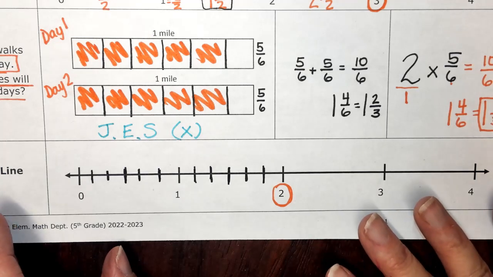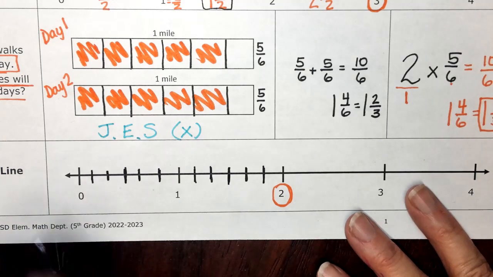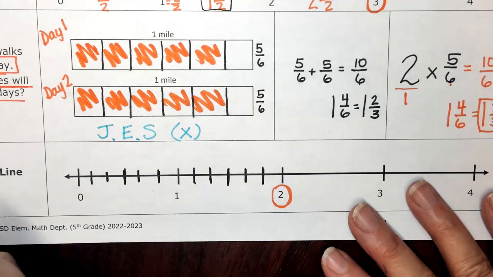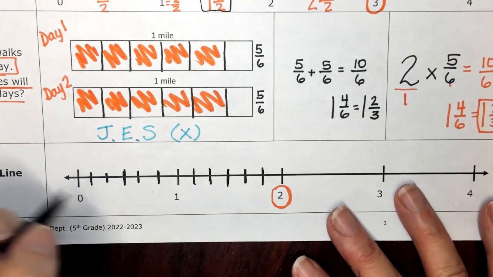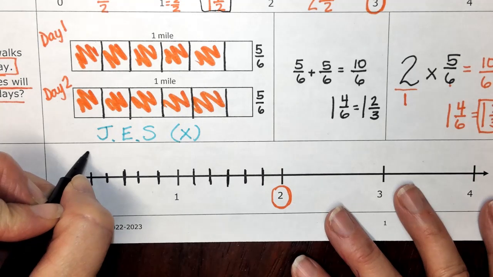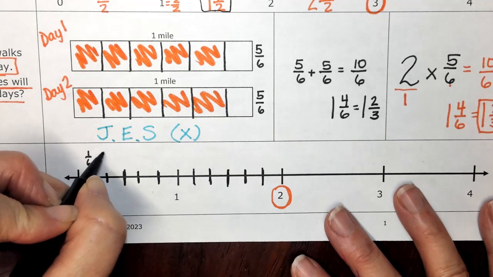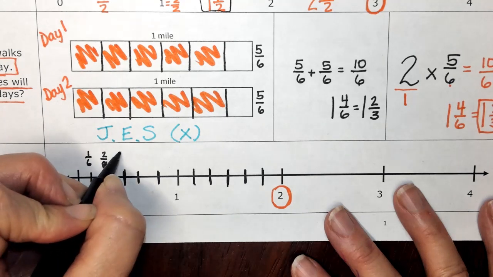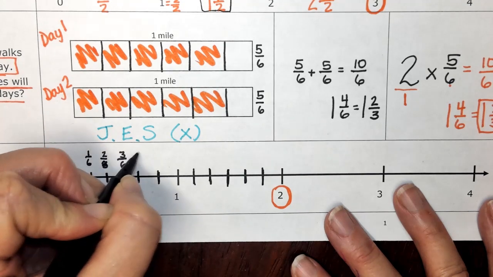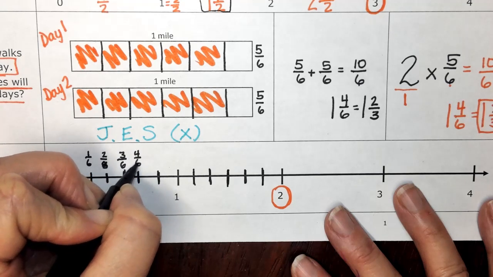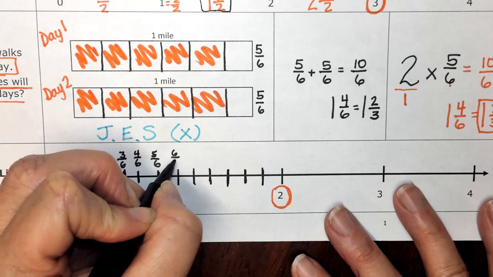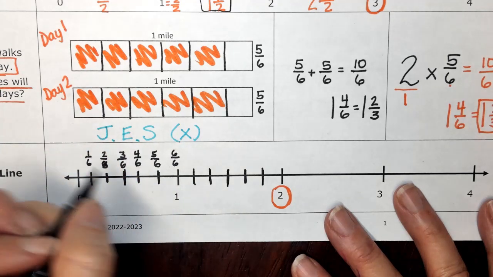Now that I've got it cut equally, I can label, and we're going to have to label tiny. So those of you who like to write really big, you're going to have to use your really tiny writing. So on top, we're going to count 1/6, 2/6, 3/6, 4/6, 5/6, and 6/6, which is the same thing as one whole.